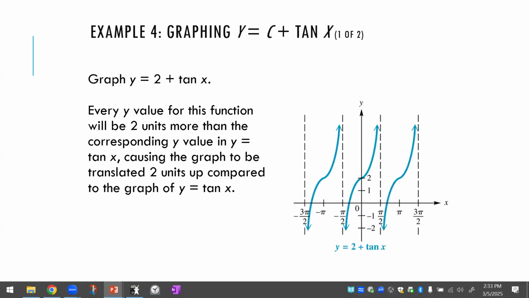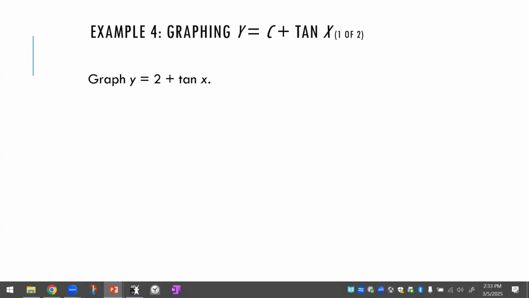So this one is pretty straightforward. Notice that there isn't a vertical or horizontal stretch, but there is a vertical translation, right? A vertical translation just simply means that you can vertically translate even though there's asymptotes. All I'm doing is changing the values of my y.